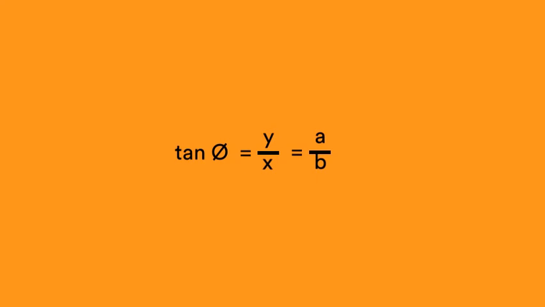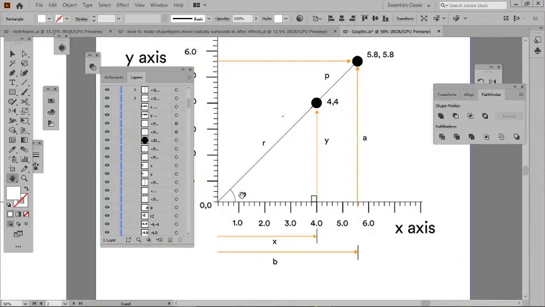Now tangent is a mathematical function: if you find the tangent of a particular angle, it's going to give a particular number. Do you understand?